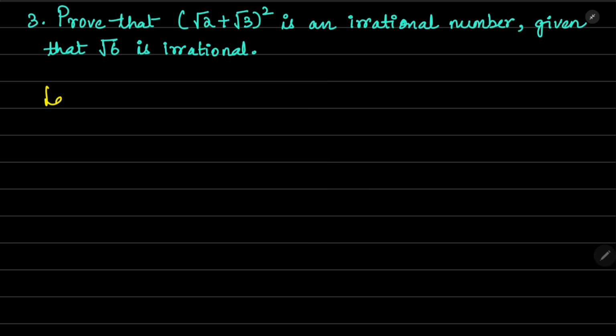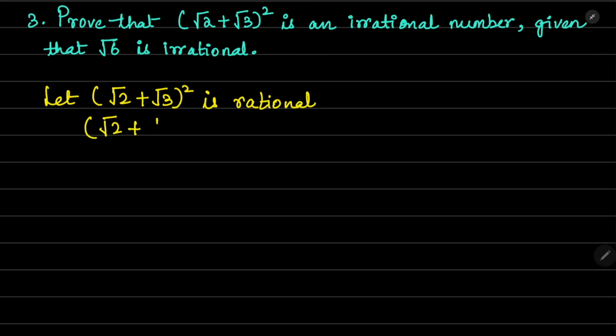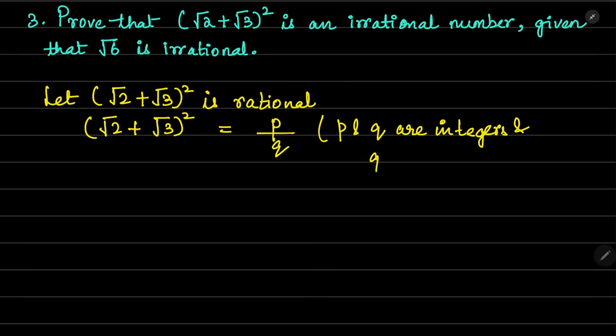We will assume that root 2 plus root 3 the whole square is rational, which means it is of the form p by q, where p and q are integers and q is not equal to 0.